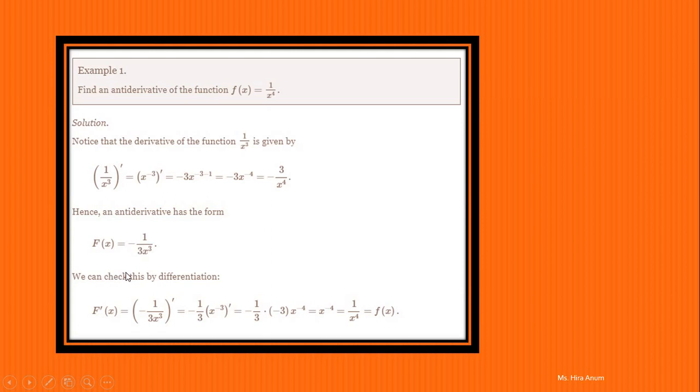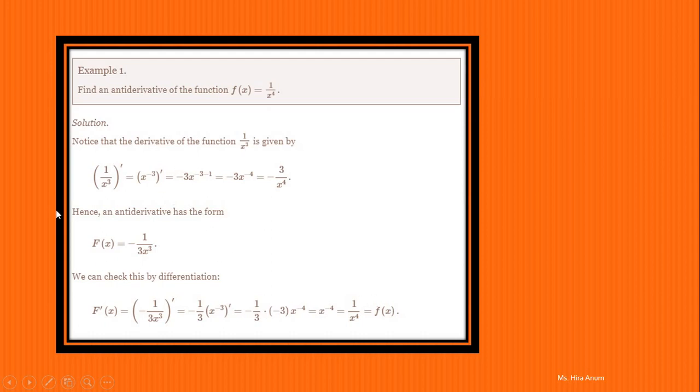We can check this by differentiation. Minus 1 over 3 x cubed equals minus 1 over 3 times x^(-3). Taking the derivative of this, we get minus 1 over 3 multiplied by minus 3 x^(-4), which equals the function.